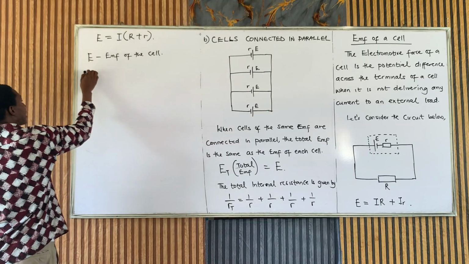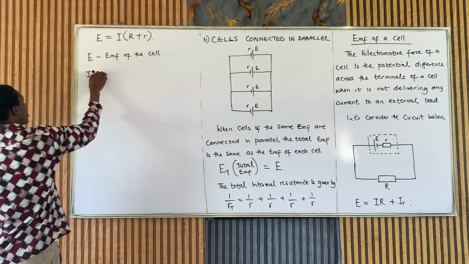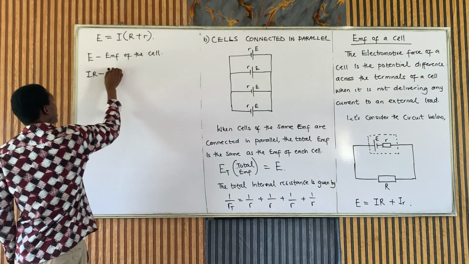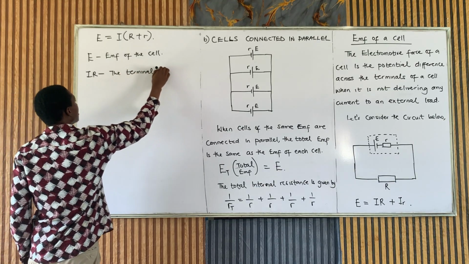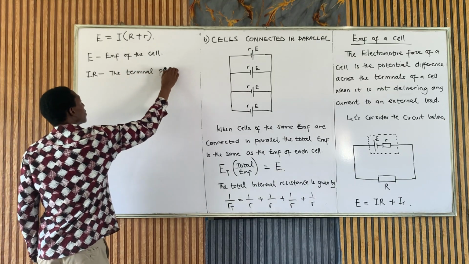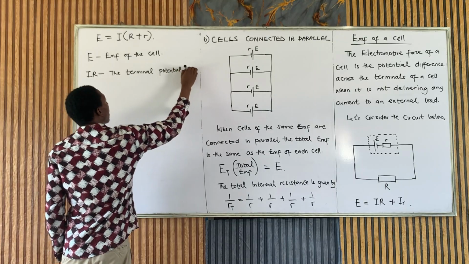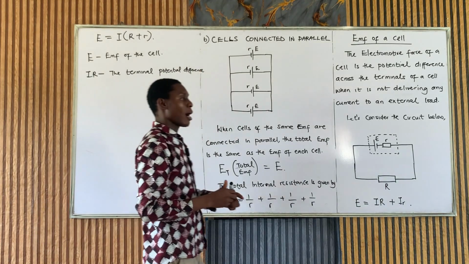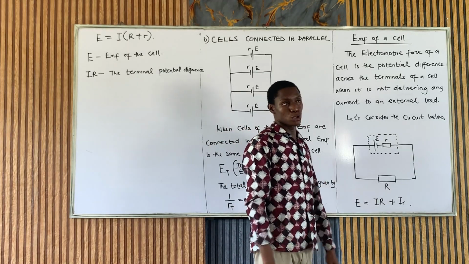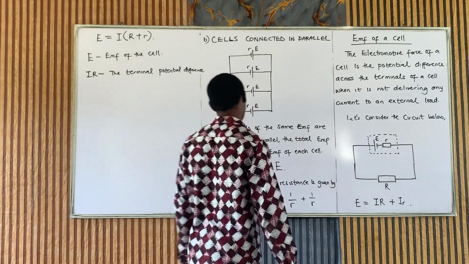Now again, you see IR gives you the terminal PD. So that's the voltage drop across the external load. We call it the terminal PD.